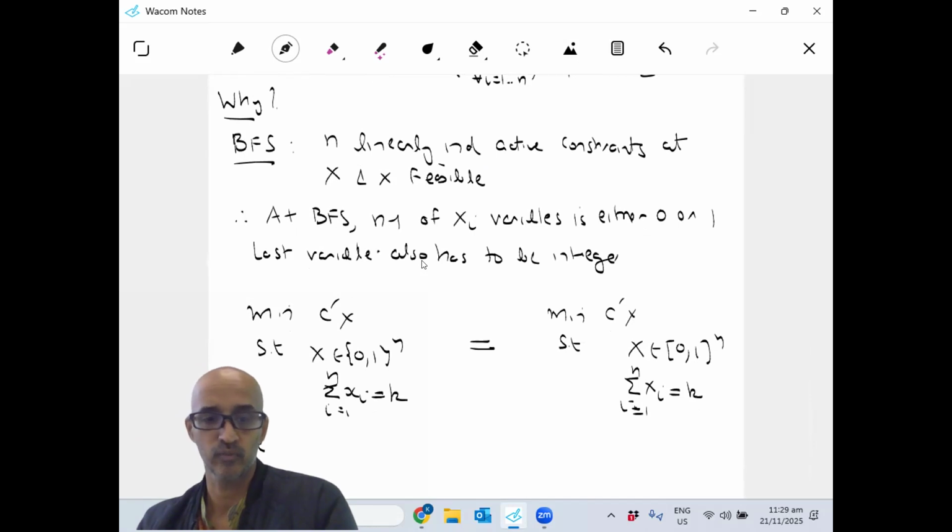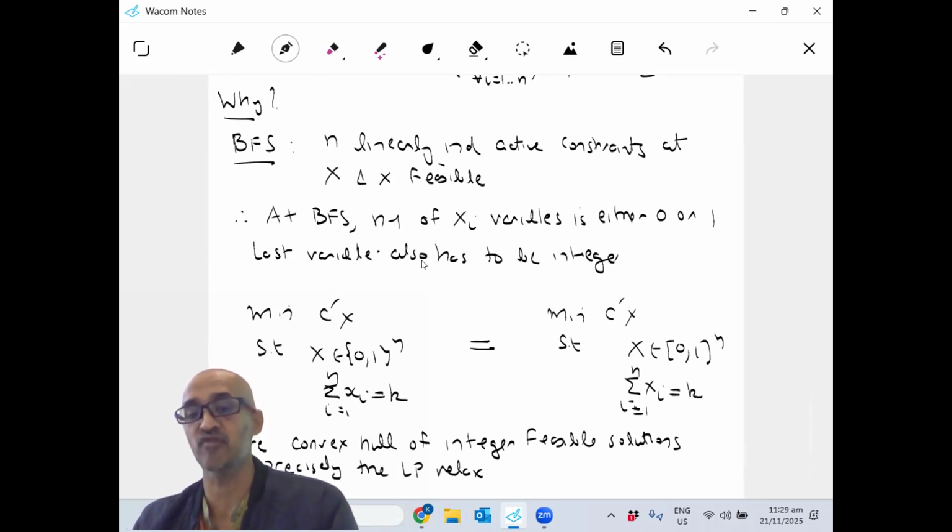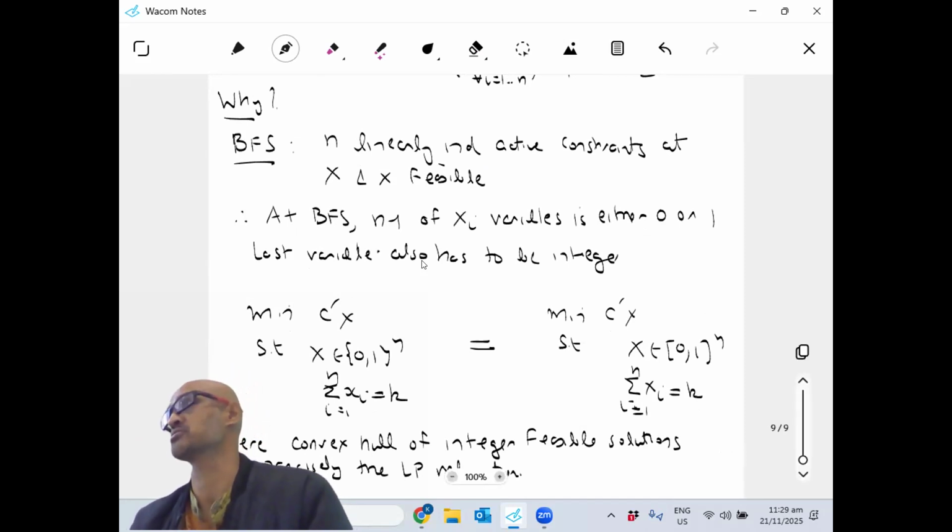So here, the convex hull of the integer feasible solutions is precisely the LP relaxation. Okay. So there are problems where the LP relaxation will be tight, but many integer programs will not have this structure.